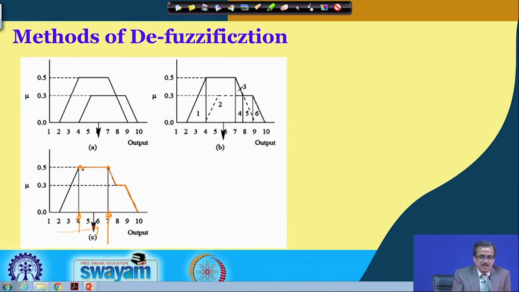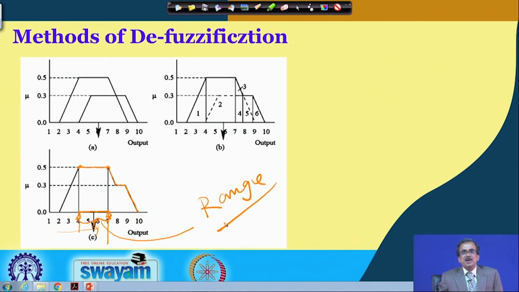Here it reaches the maximum, and after that it remains the same up to this. That means, in this particular range, mu will reach the maximum and remain constant. So, we try to find out a range for the output where we get the maximum value of the membership, and once we have this range for the output variable, for which we get the maximum value of mu, we try to find out the center of this particular range very easily.